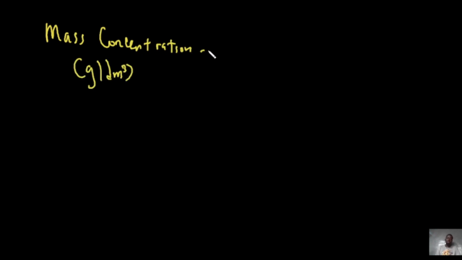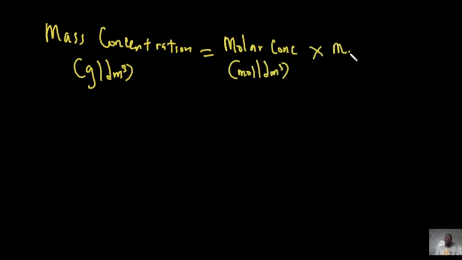That mathematical expression is simply given as mass concentration, which is measured in gram per dm cube, equals molar concentration, which is measured in mole per dm cube, multiplied by molar mass, which is measured in gram per mole.